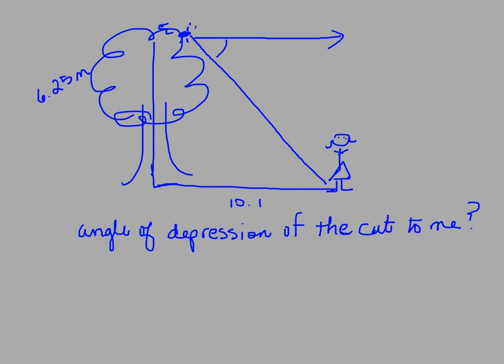This is the angle of depression, but it turns out it's also the same as the angle of elevation, and it makes a right triangle like this. Well, my tree is 6.25 meters long. I'm standing 10.1 meters away from the tree, and I want to find how far down my cat has to look to see me.